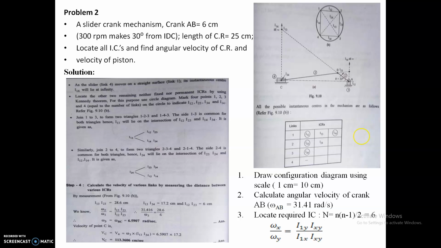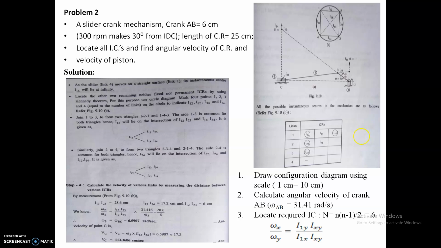You know omega 2, and you know the distance between IC 1 3 and 2 3. You multiply by scale, divided by the distance between IC 1 2 and 2 3. You measure this length, multiply by scale, and since omega 2 is known, you get the unknown omega 3. So omega 3, that is omega of link BC, comes to 6.59 rad per second.